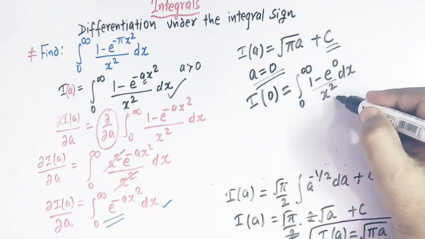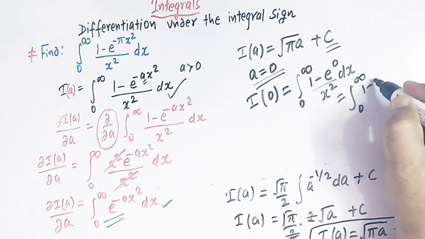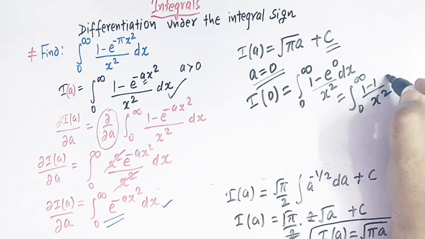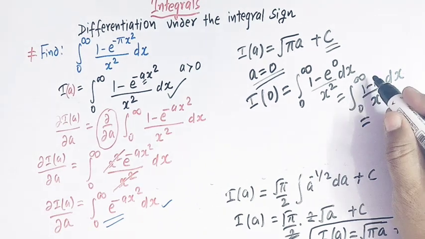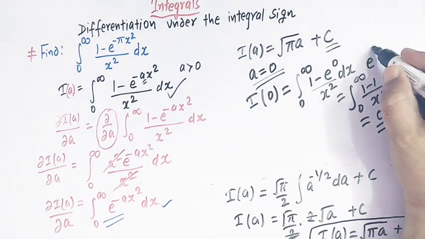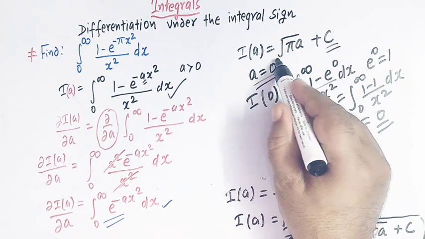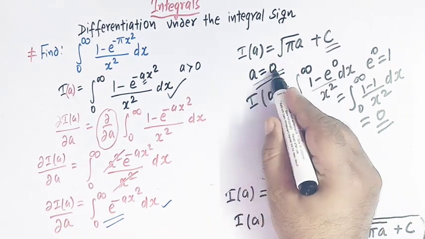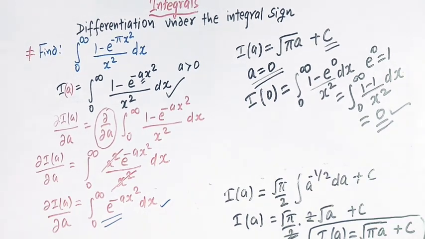And e raised to 0 is 1, right? So we have the integral from 0 to infinity of 1 minus 1 over x square dx, and 1 minus 1 is 0, so the value of the integral vanishes, so this is 0, right? So we see that when we apply the condition that a is equal to 0, then I(0) is also equal to 0.